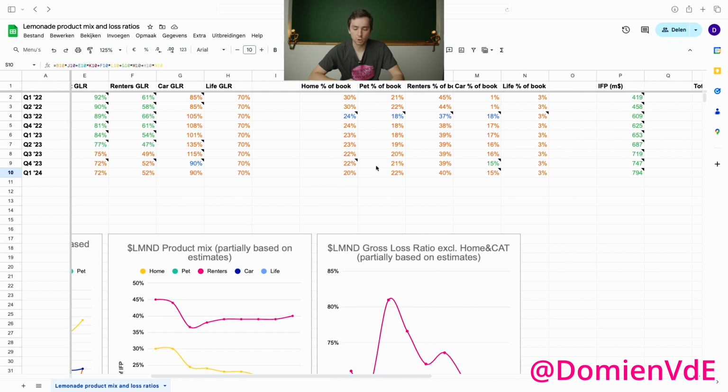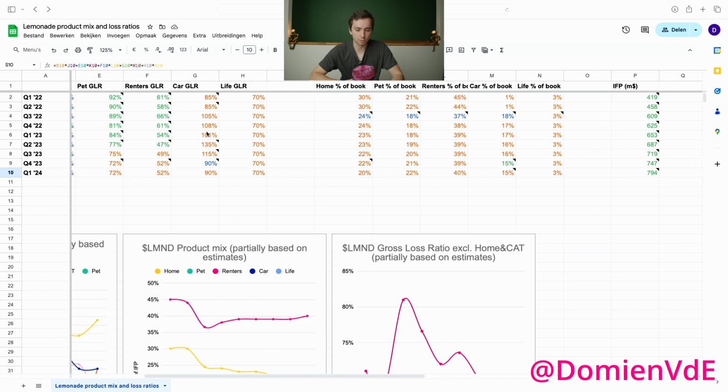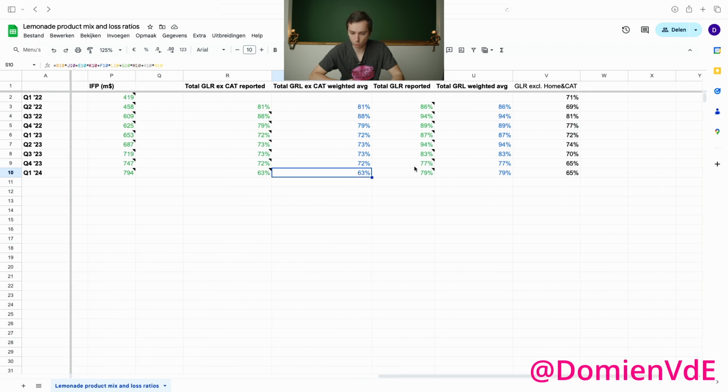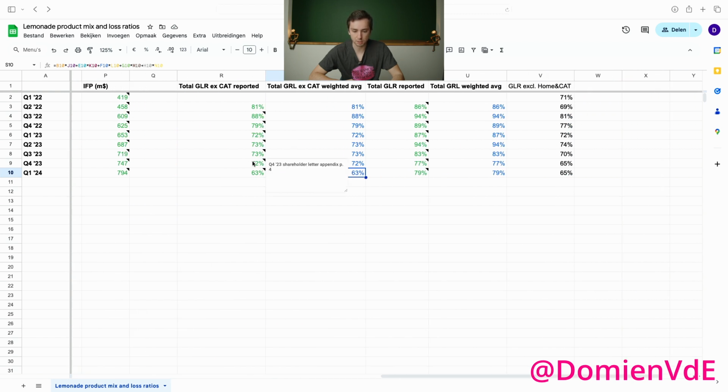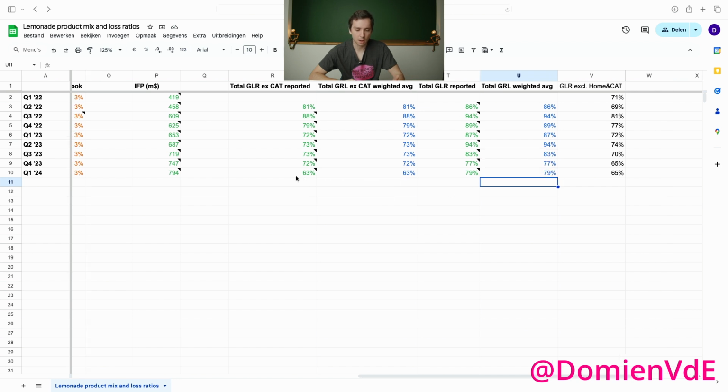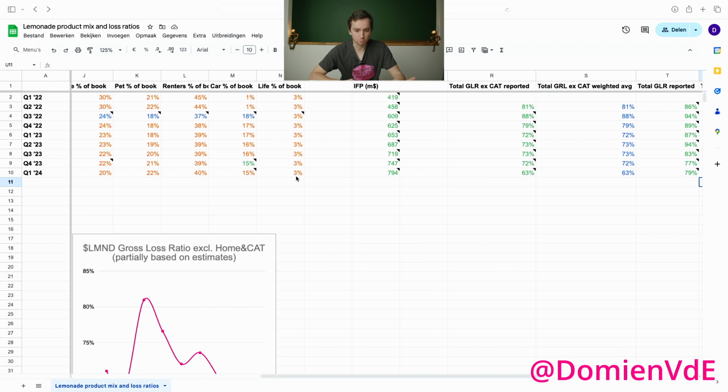I played around with the product mix and the loss ratios per product so that it always matches what has been reported, right? And there are so many numbers given: things that we know are true, the green ones, and things that we can calculate, the blue ones.